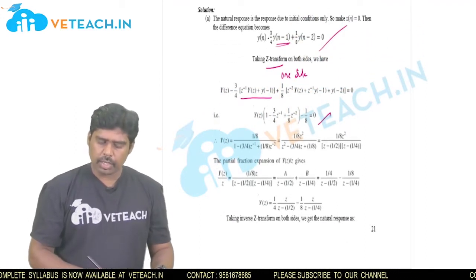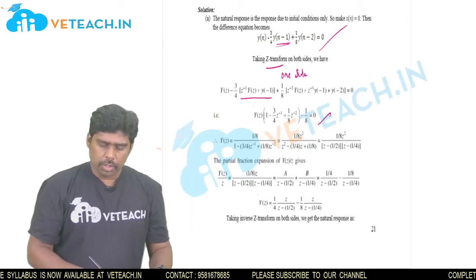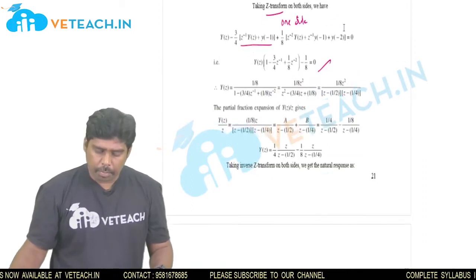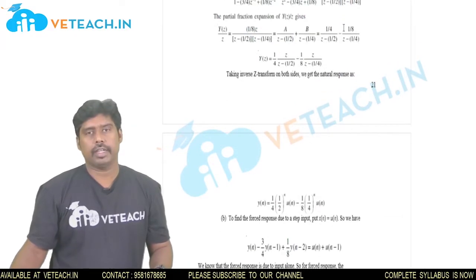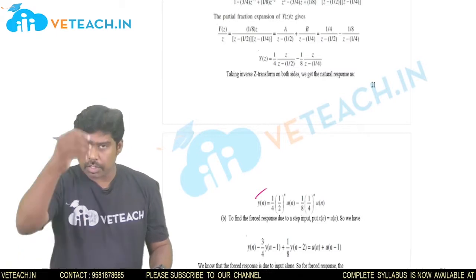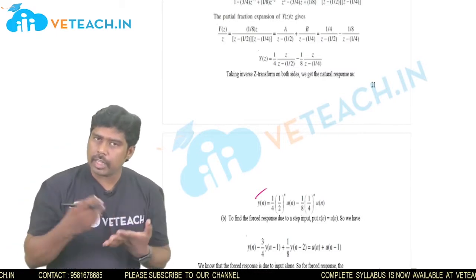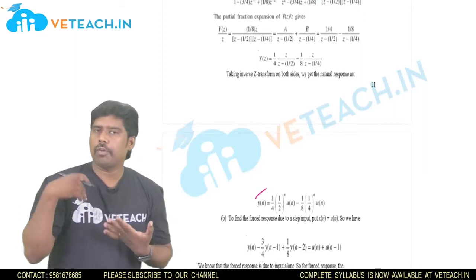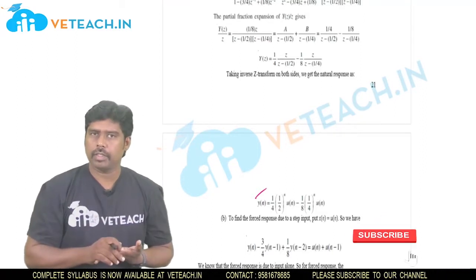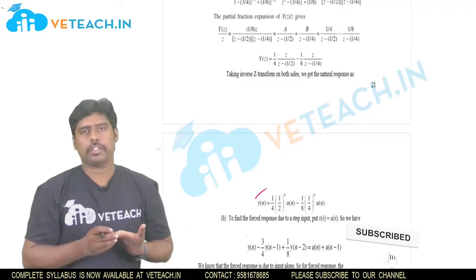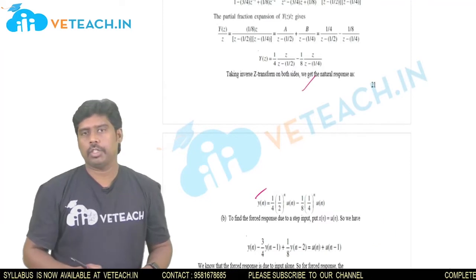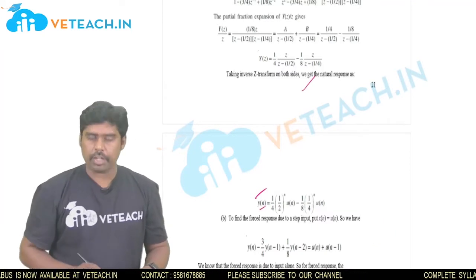After getting the expression for Y(z), you can determine y(n) by inverse Z transform. For determining the inverse Z transform, we have the power series method, partial fraction method, and residue method. The simple one is the partial fraction method. You are familiar with partial fractions, so use it there and you can find y(n).